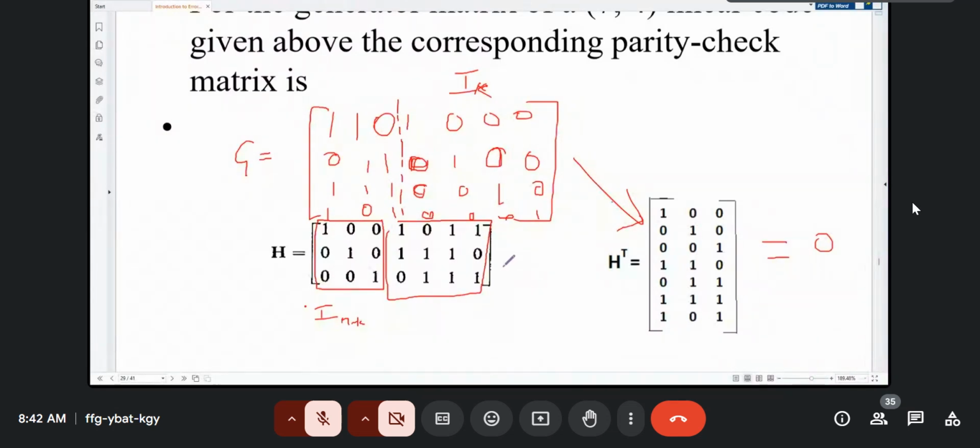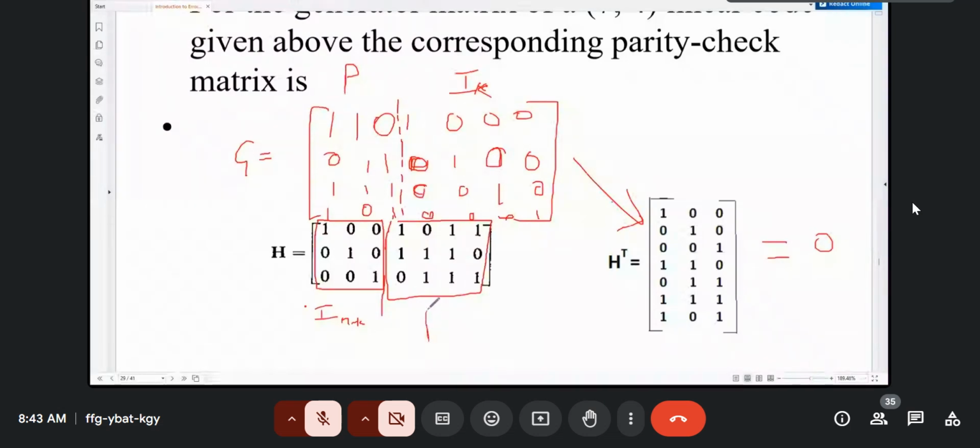So now I think all of us can generate the parity check matrix when given the generator matrix. Simply, if this is the k by k identity matrix, all you have to do is make H the n minus k identity matrix concatenated with P transpose.